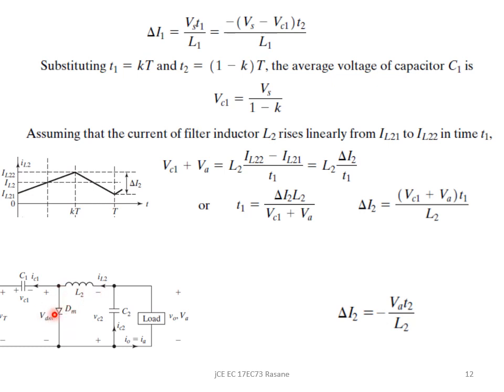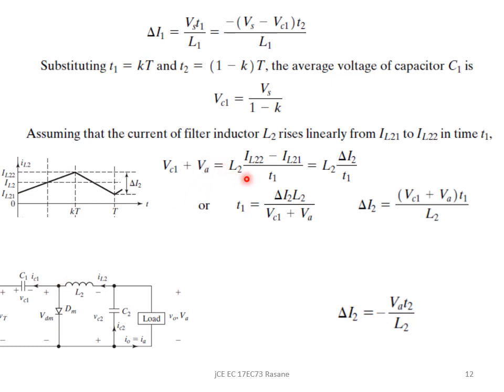This is off. So the voltage at this point will be VC1 and at this point will be VA. VA is the load voltage, right? VC1 is plus here and minus here, so it will be VC1 plus VA. These two will add up.